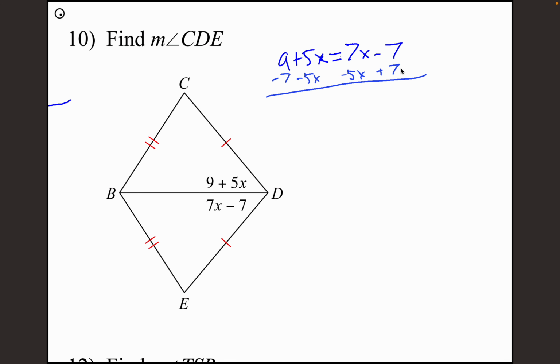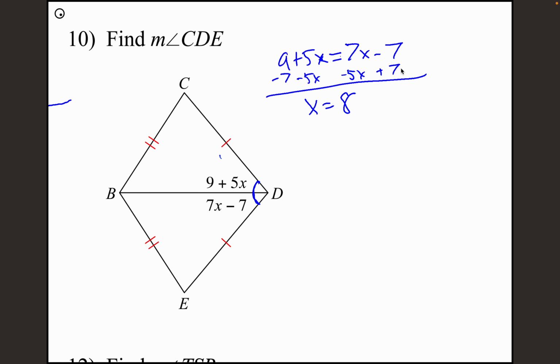Okay, so you solve it, x. Yeah, it's going to be x equals 8, okay? But that should have been 2x equals 16. Now, all right, listen, I need your guys' attention, okay? When we solve this, we need to find the whole angle of CDE, okay?